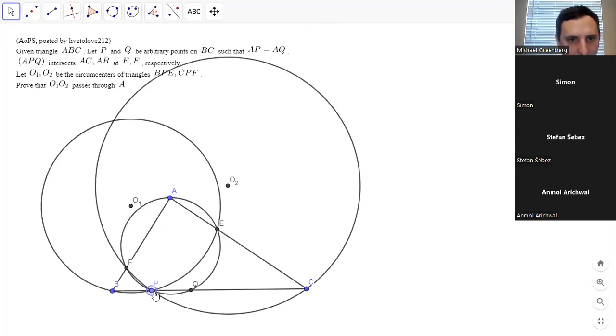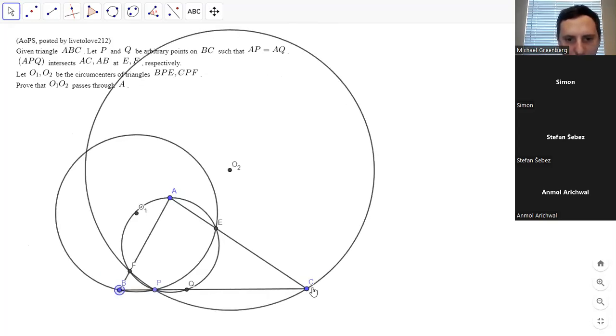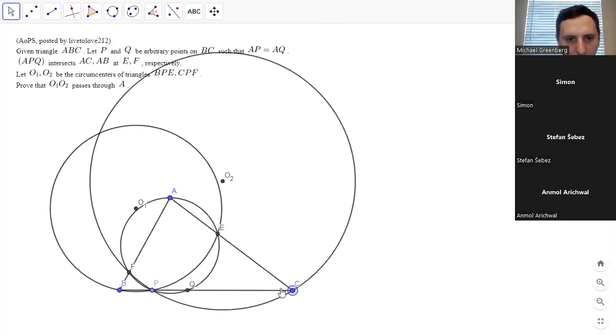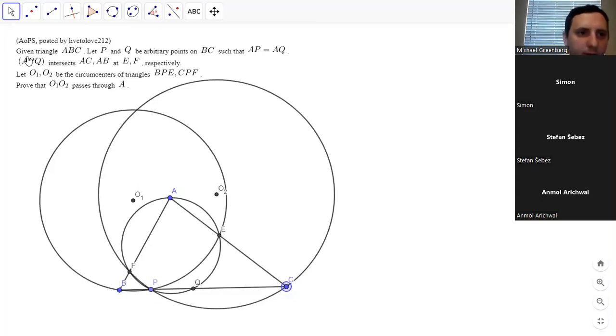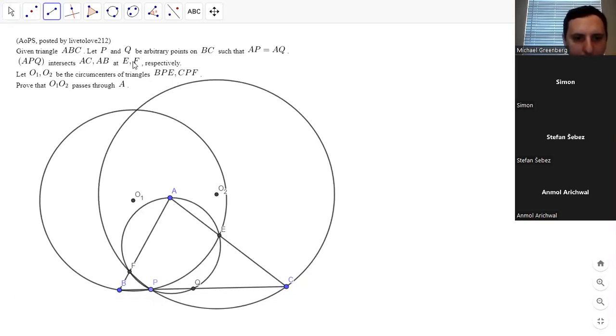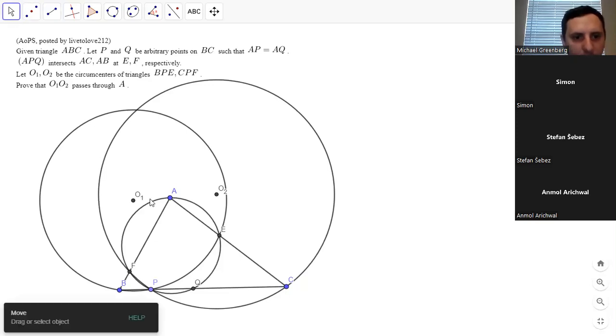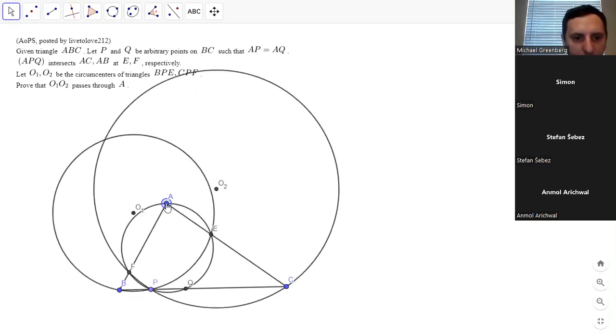Let's see, how do I make these circles? I can't make one smaller without making the other bigger. So let's see, I think that looks okay. I wonder if QA and this, no, because by symmetry they wouldn't be collinear. I want to make O1, O2 look less parallel to BC.